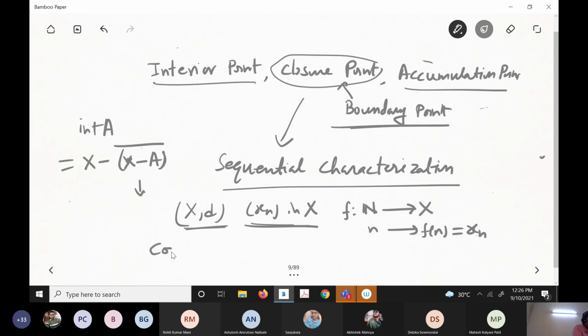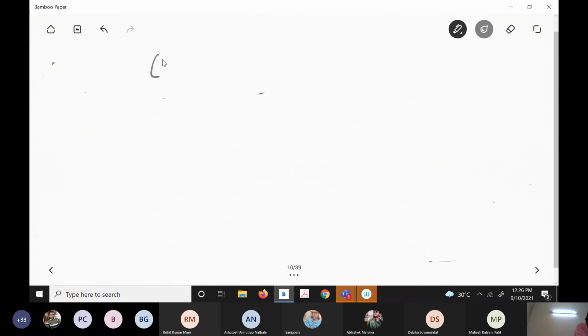That means convergence of xn in X. Now, recall that when I introduced the metric space (X, d), I said this is a generalization of the distance in R. So when you have a sequence xn in R and x belongs to R, what do you mean by that?